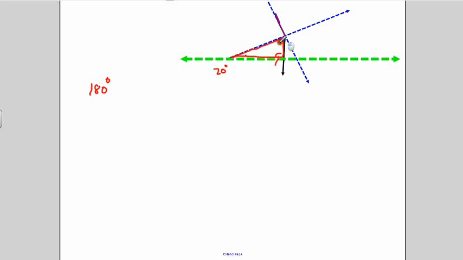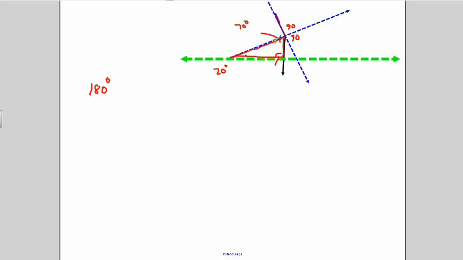That has to make this angle over here 70 degrees. Can you also see the blue over here is a total of 90? It's a right triangle. It's a 90 degree right here. Just as this is 90 degrees, this is 90 degrees, and this whole thing over here is 90 degrees.